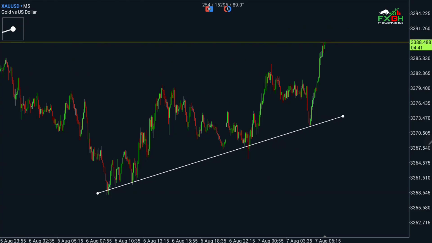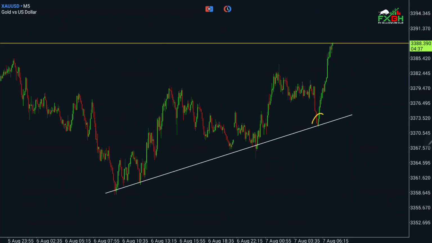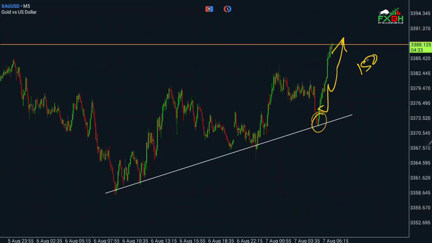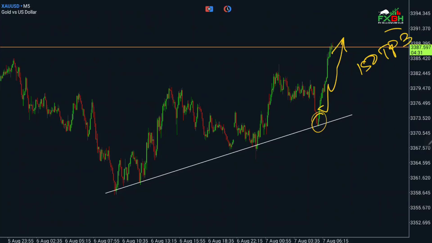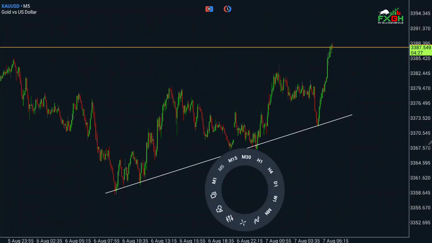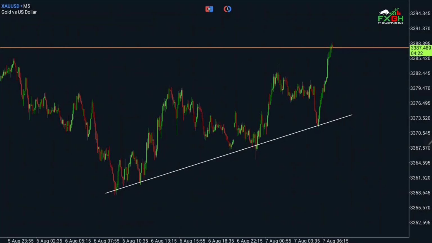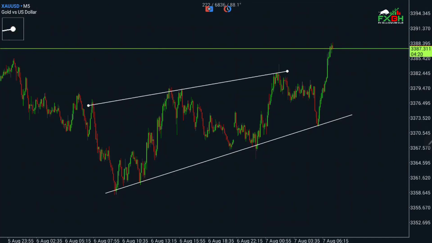Okay, based on this trend line, we took a buy entry, and it's just trying to reach our 150 TP3. Okay, TP3.